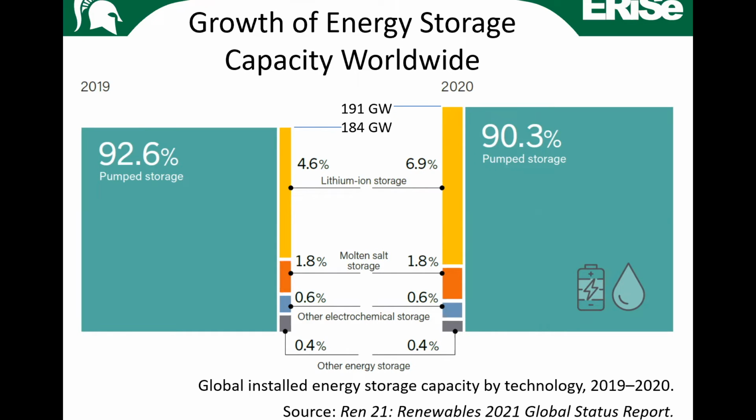But realize that lithium ion is a kind of battery storage technology that is not really suited for grid scale. Okay, it's being deployed mostly on distribution scale, a few megawatts. You won't see lithium ion installations going up to hundreds of megawatts. But there are some other storage technologies like flow batteries.